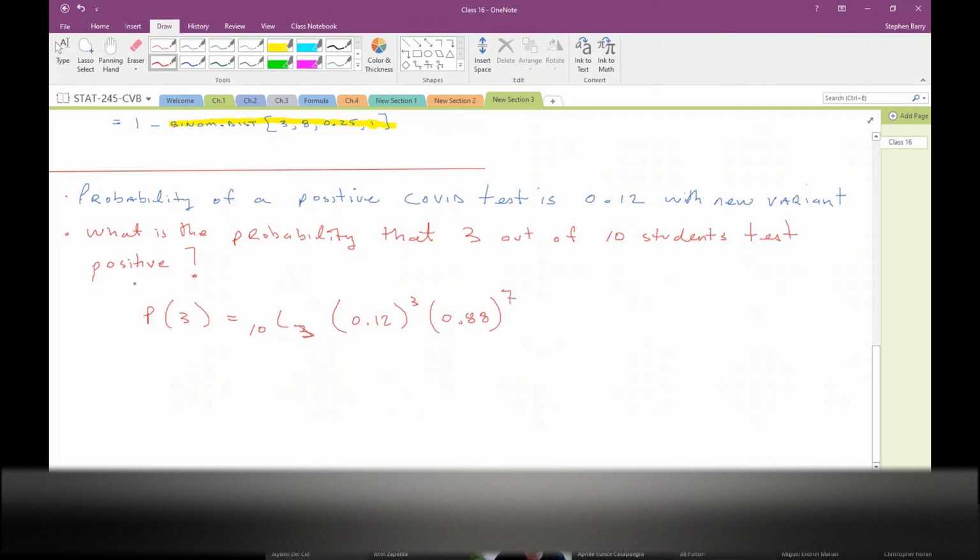So again, you could do this with your calculator, or you could use Excel.